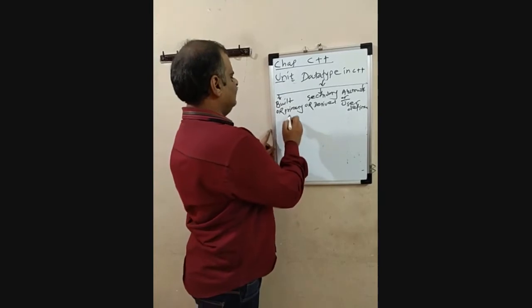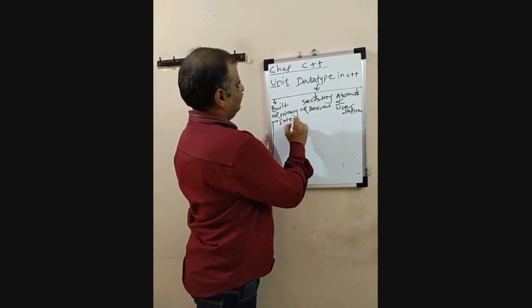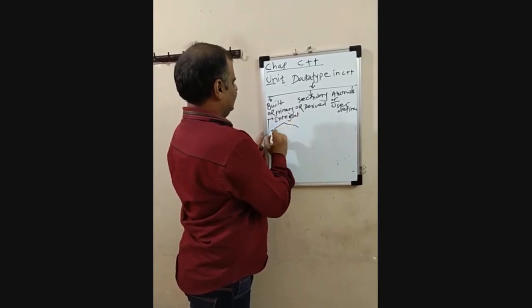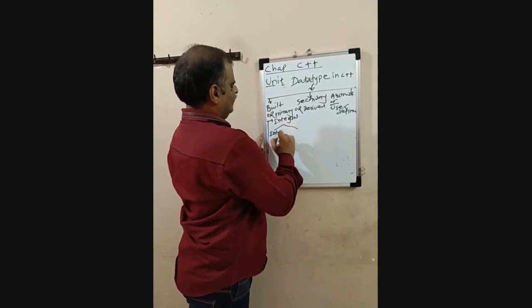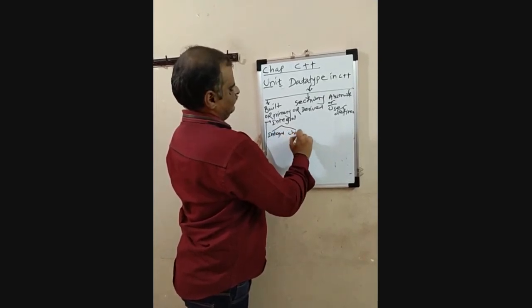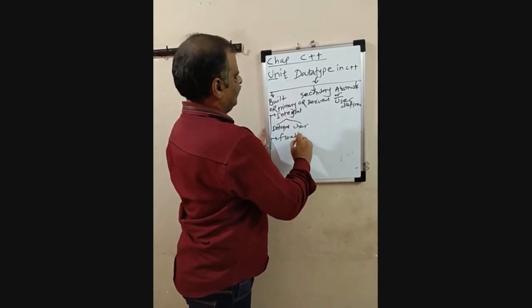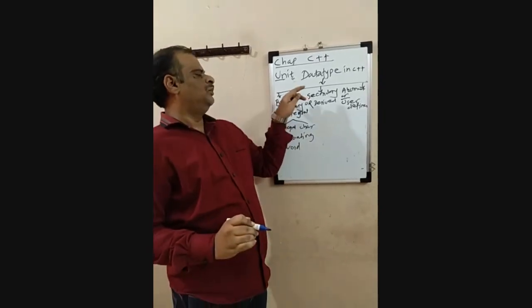These are again subdivided like this: integral type, which is also divided into integer and character, then floating type, then void type. These are the three types of built-in data type.